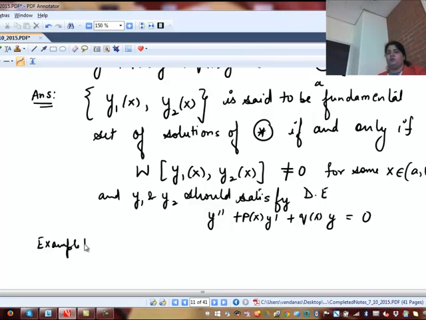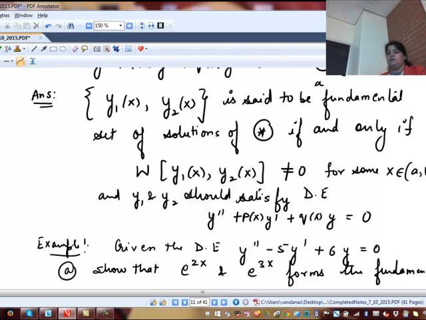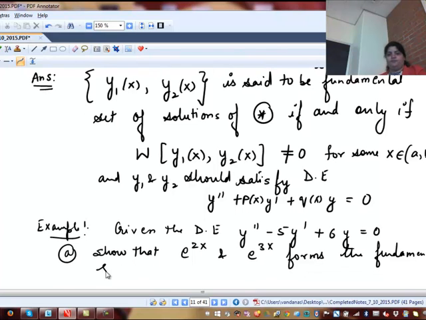Example 1. Given the differential equation y double prime minus 5y prime plus 6y equals 0, show that e to the power 2x and e to the power 3x form the fundamental set of solutions of y double prime minus 5y prime plus 6y equals 0.